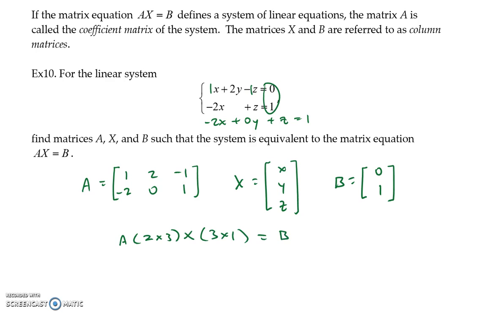B has order 2 by 1. So notice the inner numbers match here. The outer numbers determine the order of the result, which should be 2 by 1, which is exactly what B is. So the orders are consistent with the definition of matrix multiplication, and indeed this matrix equation AX equals B represents the original linear system given at the top, just above there.